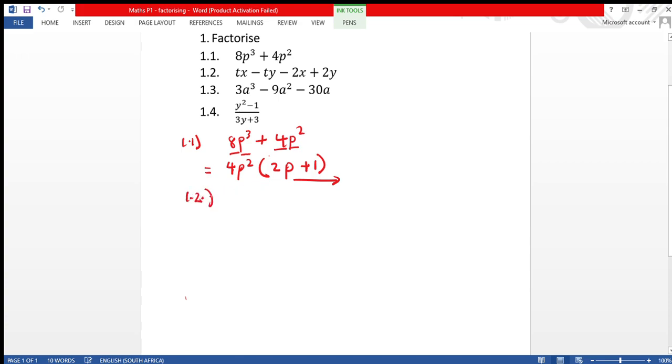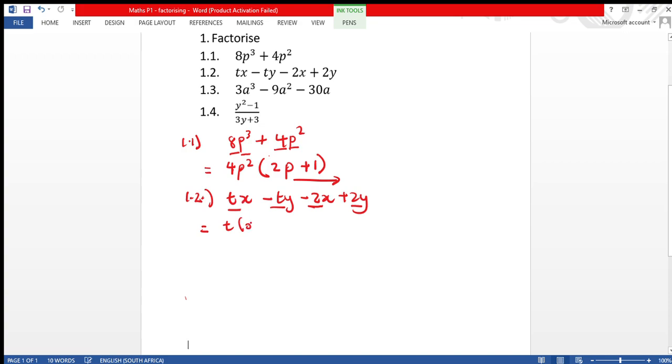And then let's go to question 1.2. You have tx minus ty minus 2x plus 2y. So you can see here between the first two terms t is common, and then the last two terms 2 is a common factor. So let's start by taking out t as the common factor.